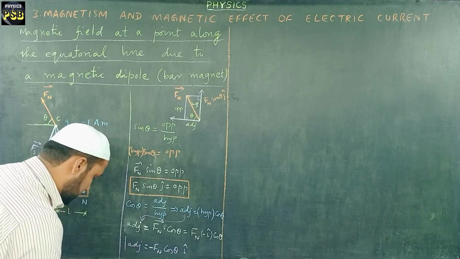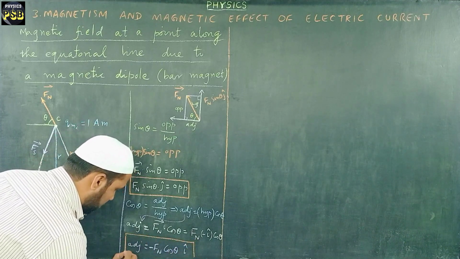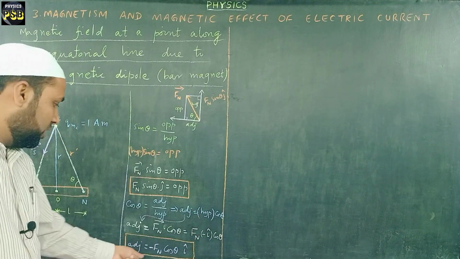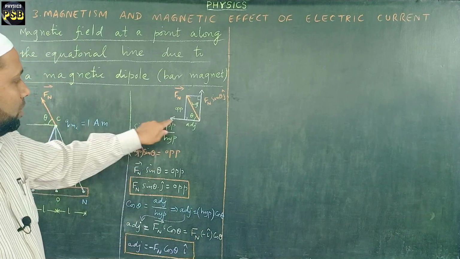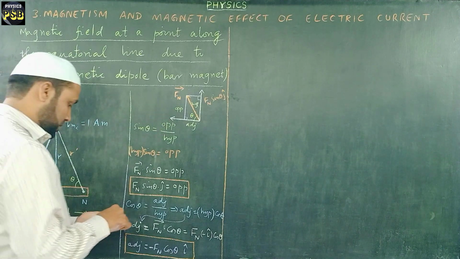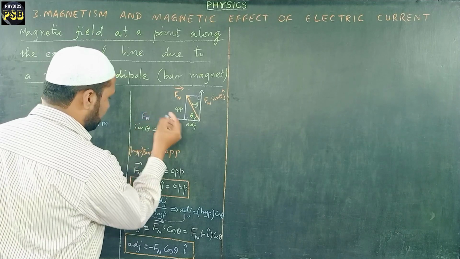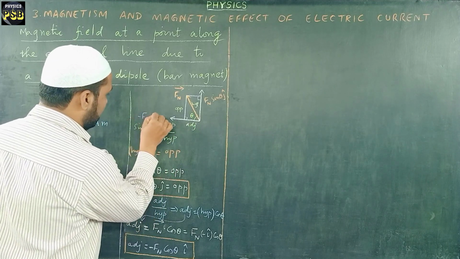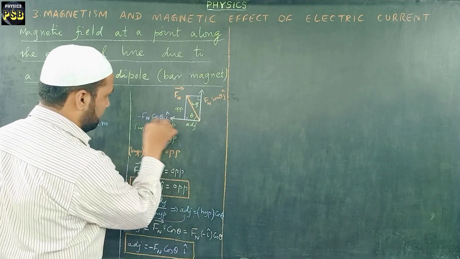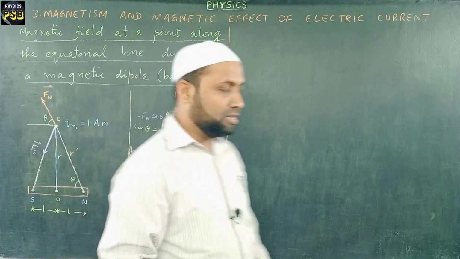I box this as well for better visibility. So we got the expression for the horizontal component of Fn vector as well. It is nothing but minus Fn cos theta i cap, and it acts along the minus x axis.